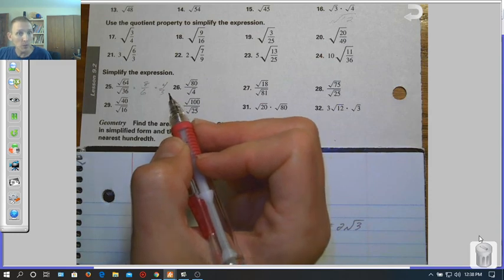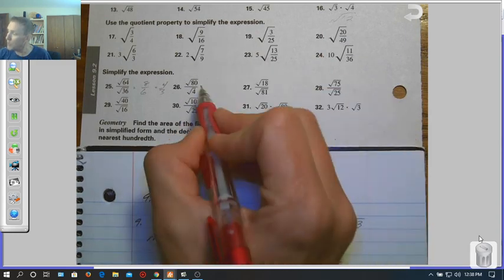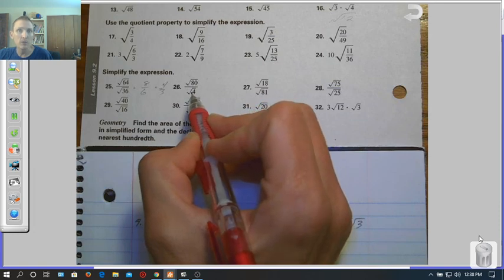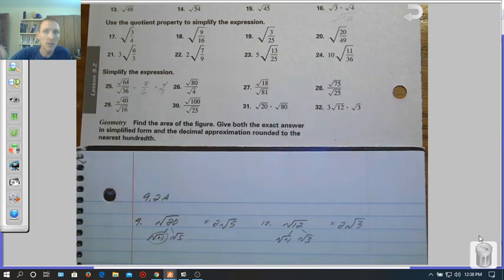The other option we have is that because both the top and the bottom, so if we look at number 26, both of those numbers are in the radical. If a number is in a radical on the top and the bottom, I can reduce. If one is in the radical and one is not, I cannot do anything with that. So if I go back to this 80 and this 4, it can reduce.